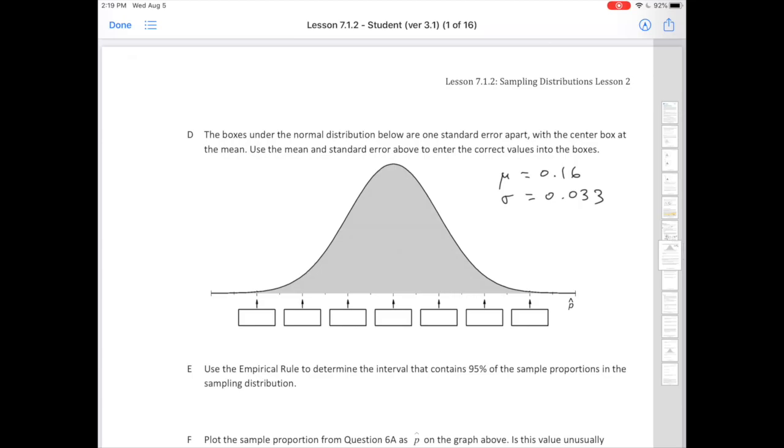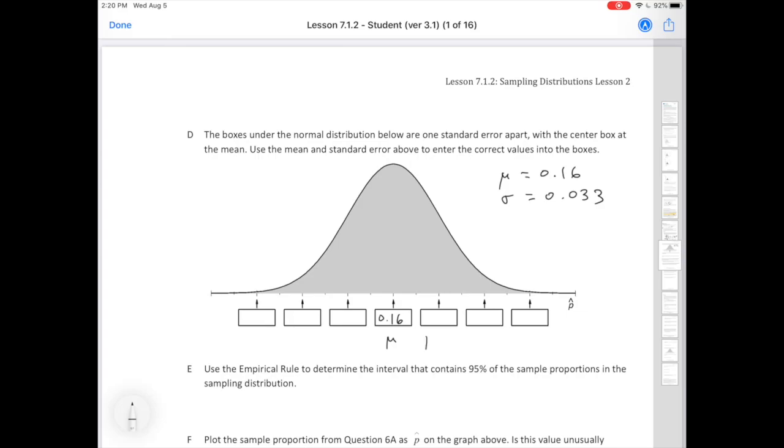So we now need to fill in these boxes. I'm hoping that you remember this from the last class, Math 21A. Remember that the middle of a normal distribution is always the mean, so I'm going to start by filling in this one with 0.16. How do I get the next one?